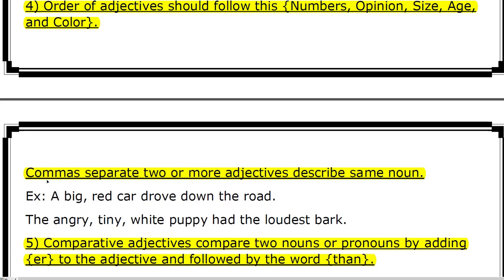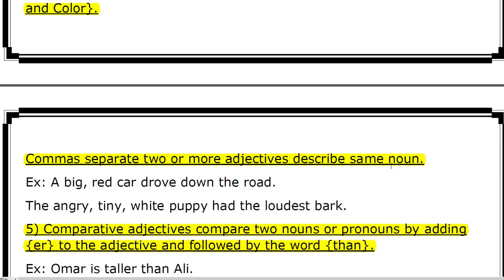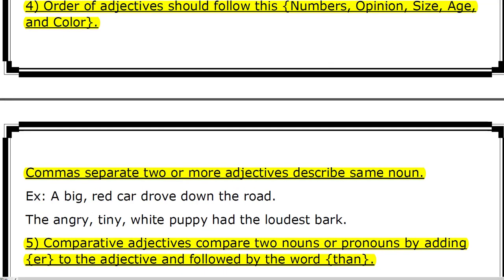Okay, what about the commas? The commas separate two or more adjectives describing the same noun. Okay, example. The angry tiny white puppy had the loudest bark. So here I'm just describing the puppy with more than one adjective. So we started with angry, which is my opinion.